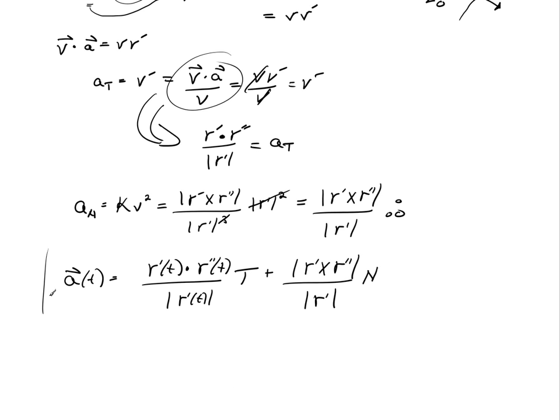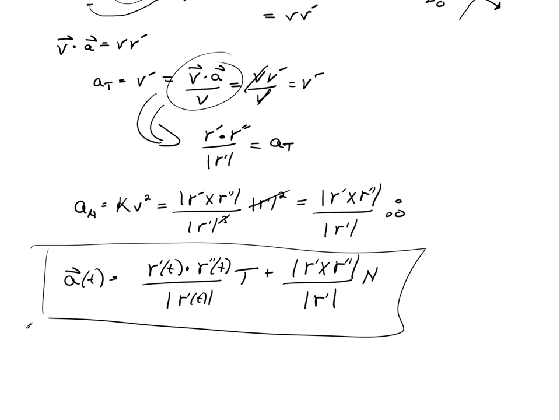So there we go. Now I can think of acceleration, or at least the tangential and normal components, in terms of derivatives, dot products, cross products and magnitudes of first and second derivatives of the position vector. So there's a ton of information that we can get straight from the position vector.